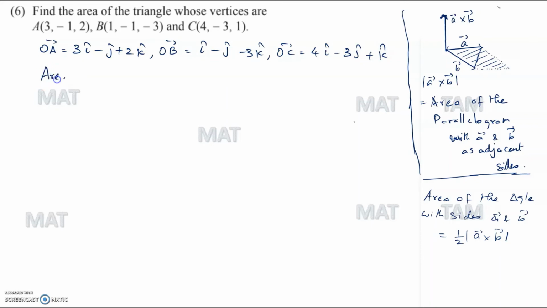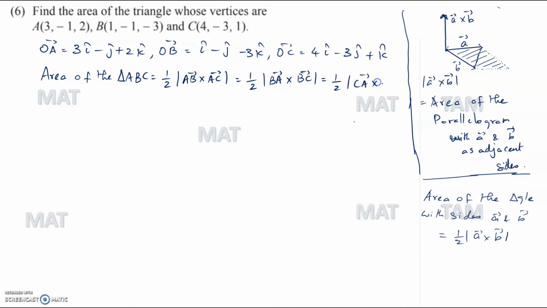Area of the triangle ABC can be defined as half of magnitude of AB vector product with AC, or it can also be found by using vector BA cross product with BC, or you can do half of CA vector into CB vector.